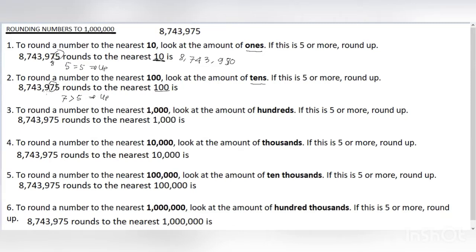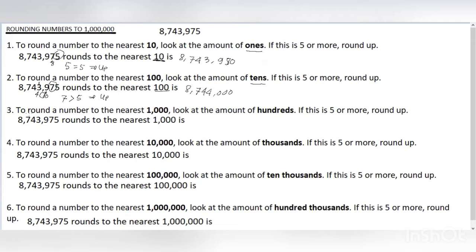If we round it up, 9 becomes 10, right? And because this becomes 10, we move 1 to here, so it becomes 4. So the answer here is 8,744,000.